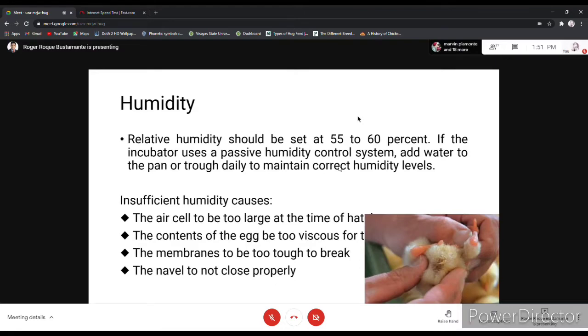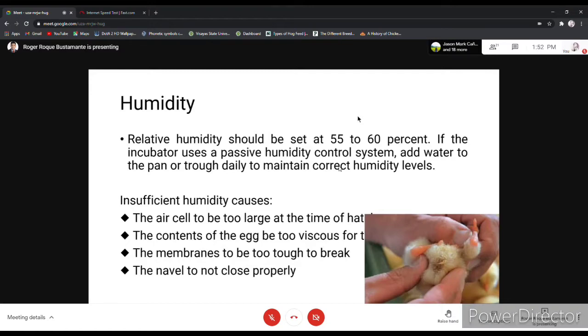The navel is not closed properly. So unhealed navels result if there is insufficient humidity. For example, below 52% humidity or 54% humidity, lower than those values is insufficient.